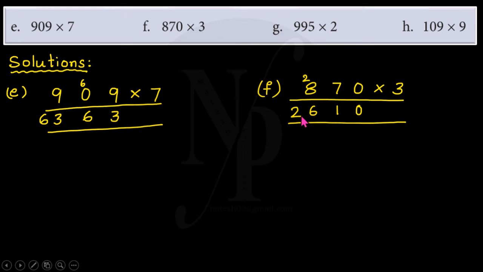So 2 is written in the thousands place and 6 is written in the hundreds place. Therefore 2610 is the product of 870 and 3, or 870 into 3 is equal to 2610.